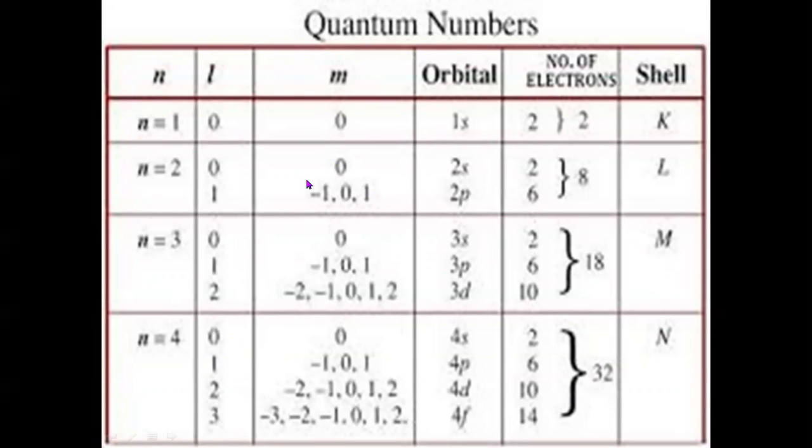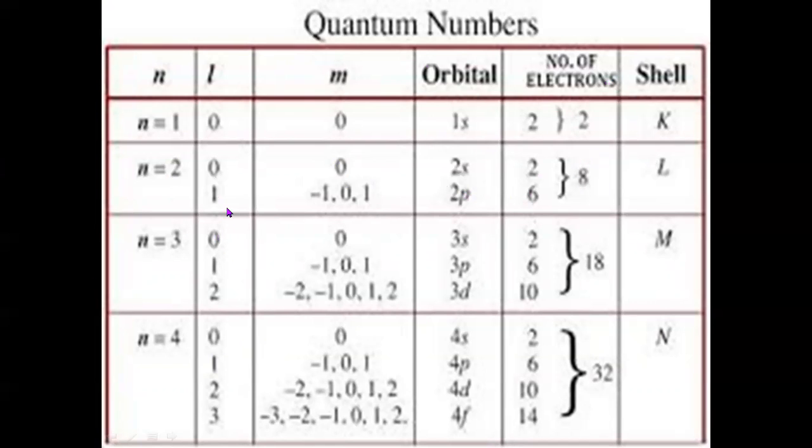This means there are three orbitals in that sublevel, which is given by l equal to 1, meaning p. The p sublevel has three orbitals. Every orbital can accommodate 2 electrons, 3 into 2, 6 electrons. And therefore, the second orbit or second main energy level or L shell will have 2 plus 6, 8 electrons.